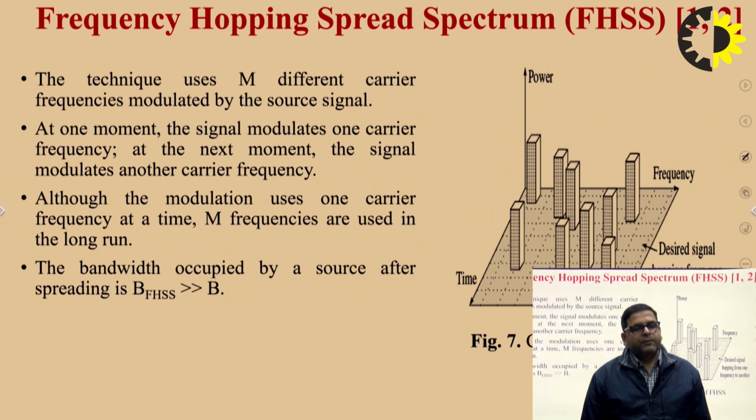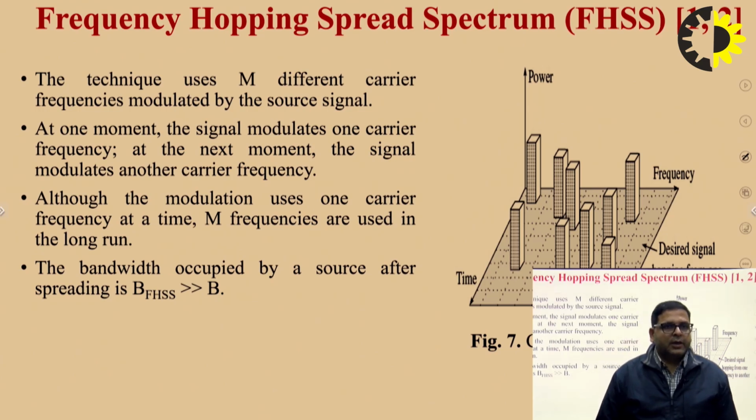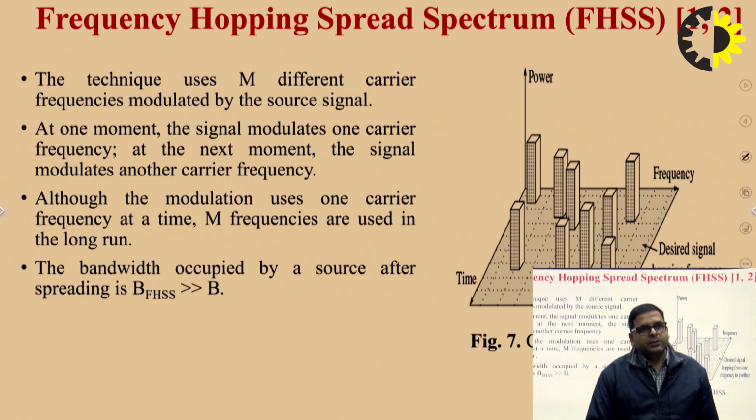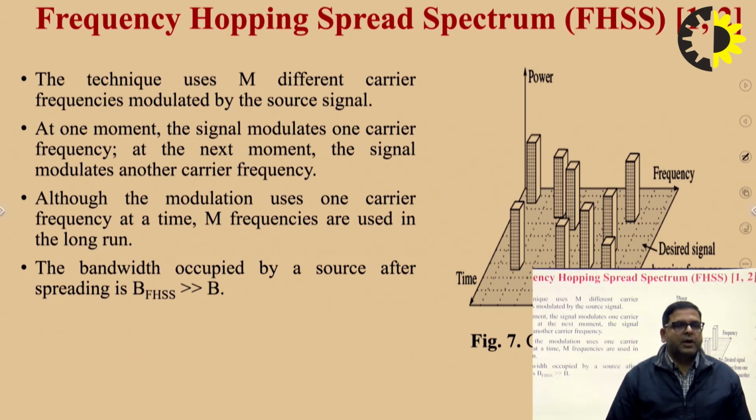Now we will discuss the second spread spectrum technique, which is the frequency hopping spread spectrum technique. Hopping itself signifies jumping, and what entity is jumping? That entity is frequency. So in this spread spectrum modulation technique, the frequency jumps from one value to another.